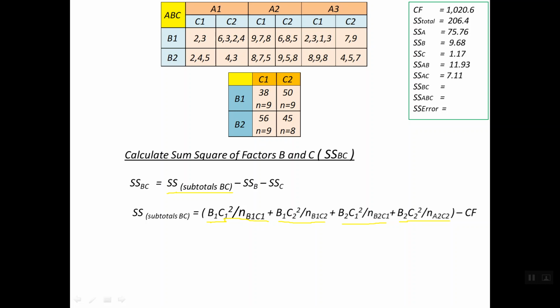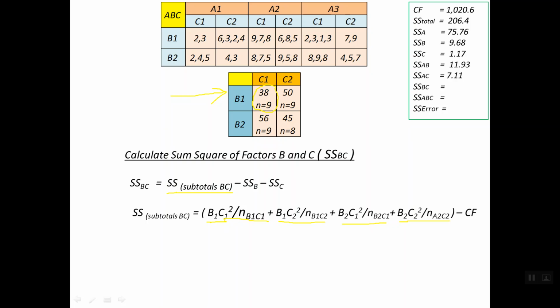For B1, C1, for example, we can simply get it from this summary table here. For B1, C1, we have the sum equal to 38, while the number of observations is equal to 9. How do we get these two values?